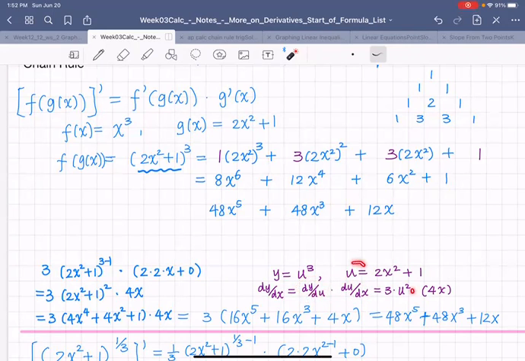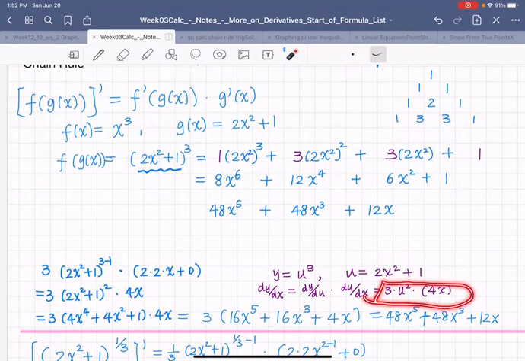So we want du over dx. This guy, du over dx, isn't that 2 times 2 times x to the power 1? That makes sense? Yes.